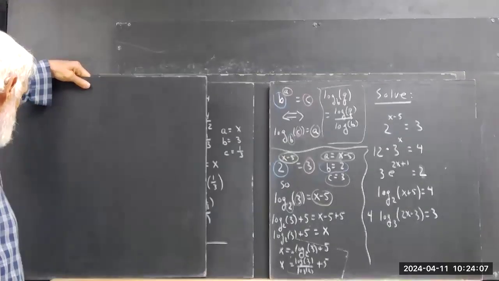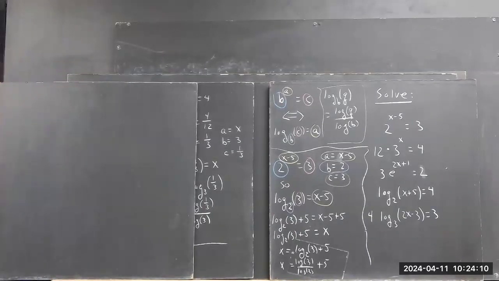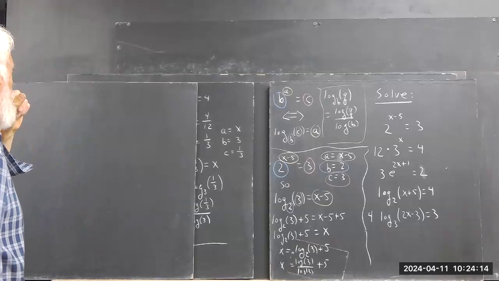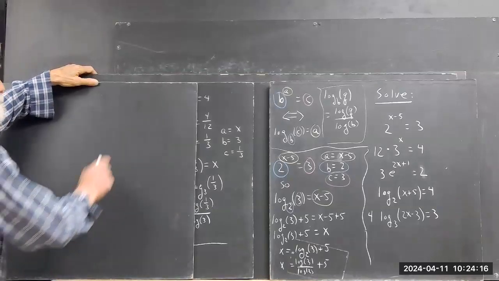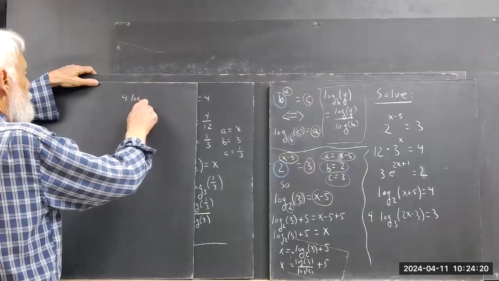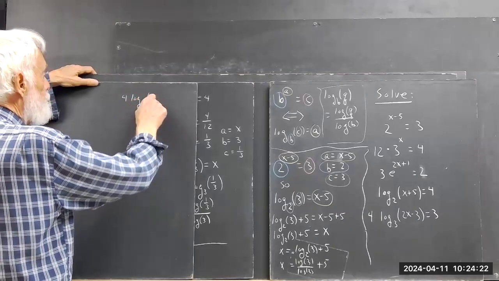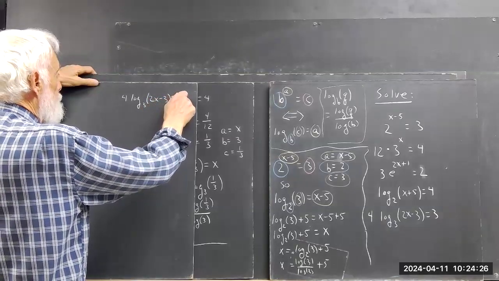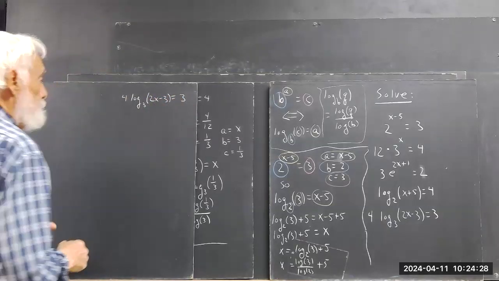Okay. Now this last problem. 4 log base 3 of 2x minus 3 equals 3.